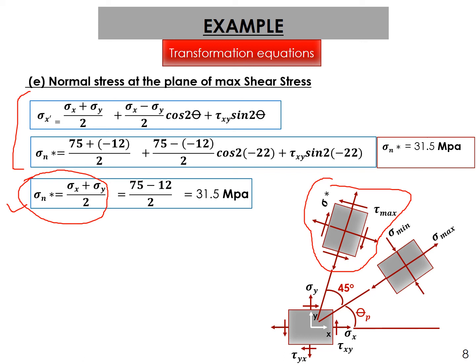Now this 22 degree, now I have shown here theta p plus 45. Now you must be thinking, what is this? Where is this 22? As I've shown you, theta s is equal to theta p plus 45. Just remember, it's very simple. If theta p was there and you add 45 to it, you get this value, because as I told you, when you talk about these elements, we have axes at 90 degrees to each other.